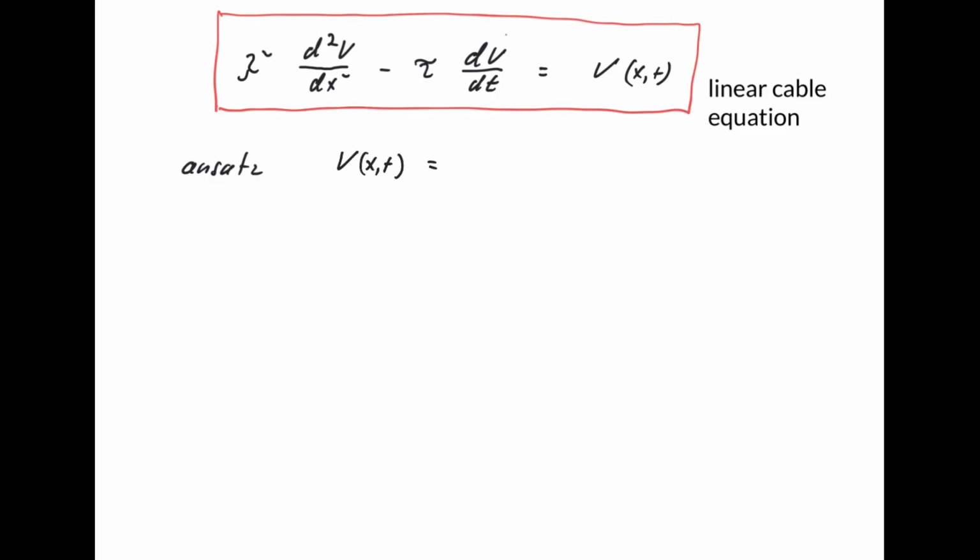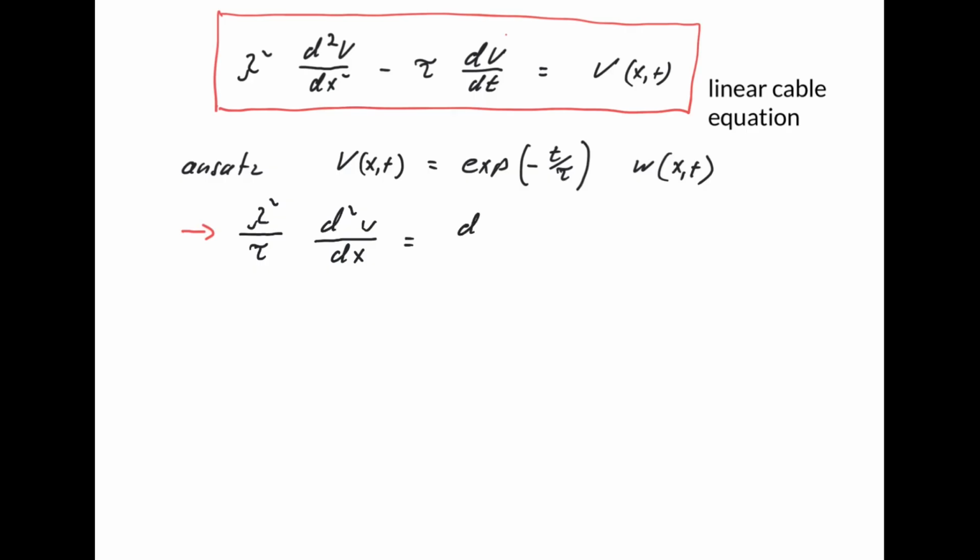So now we take the ansatz that V of x and t is equal to e to the minus t divided by tau, which takes care of the temporal part, times w of x and t. Using this ansatz and filling into the linear cable equation, we obtain that the second derivative of w with respect to x times lambda squared divided by tau is equal to the time derivative of w.